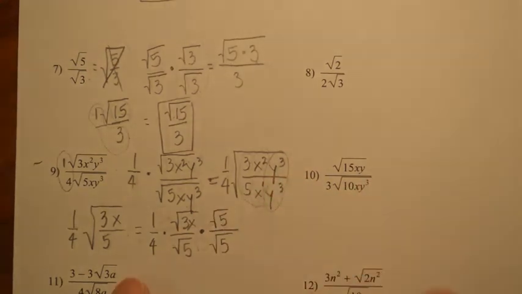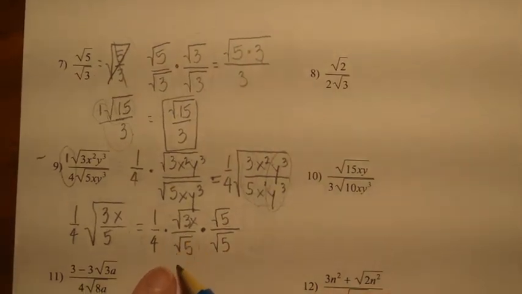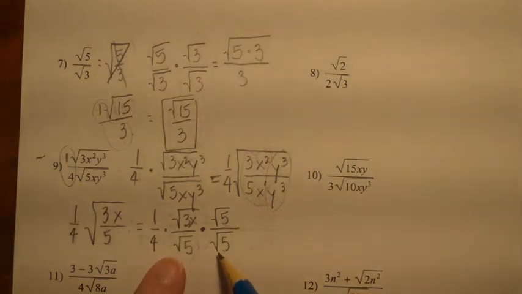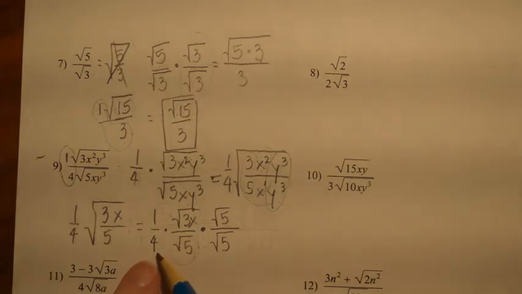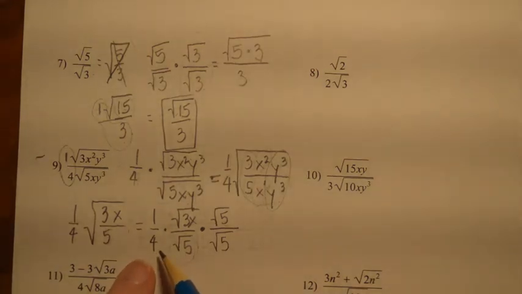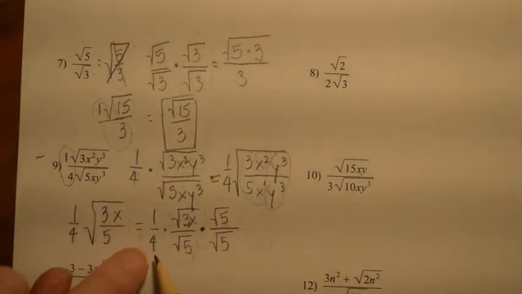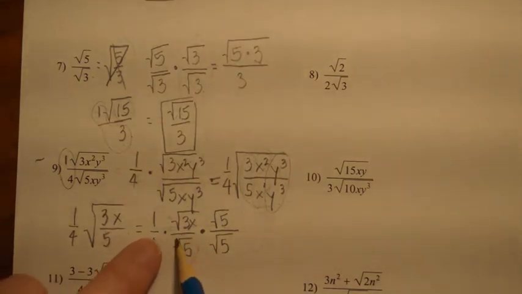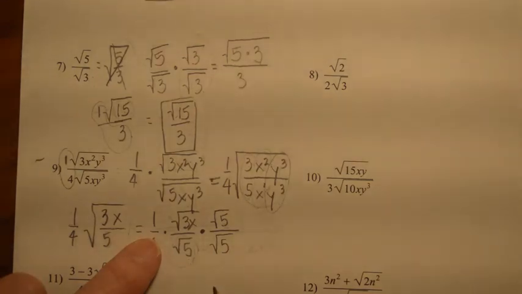If you said multiply top and bottom by 4 square root of 5, you wouldn't be wrong, but let's focus on what the problem is. The problem is that irrational number in the denominator. That's the only thing we're trying to fix. There's no rules against having rational numbers in the denominator, thank goodness, otherwise we'd have a big problem. So really, I just want to take care of this, and the way I'm going to do that is just by multiplying it by itself.